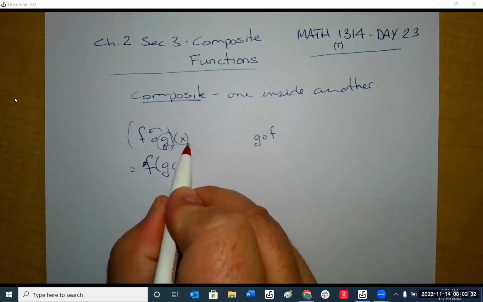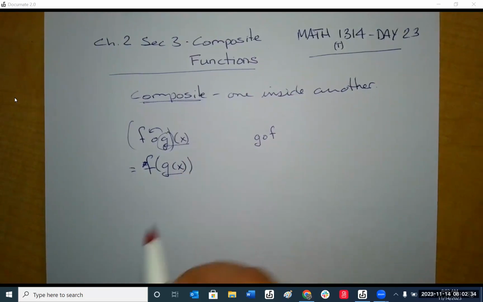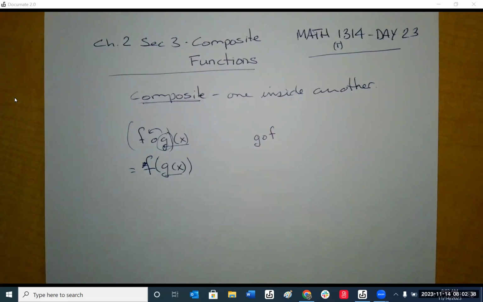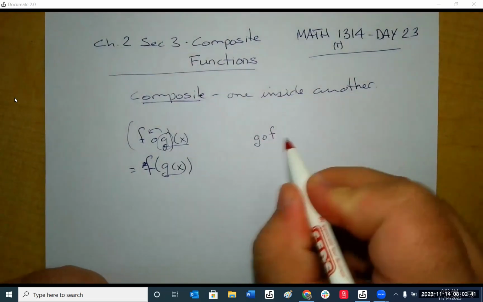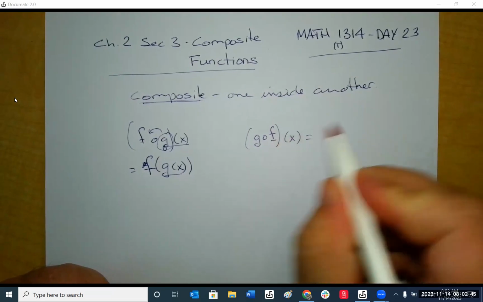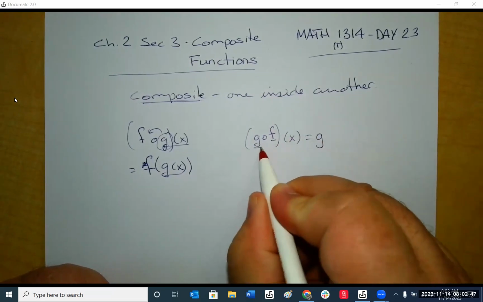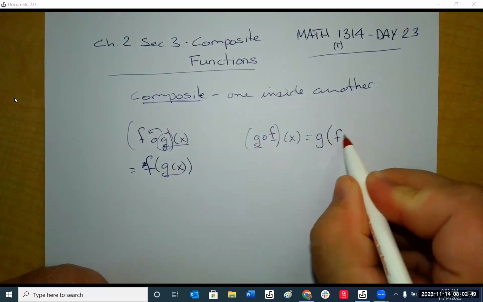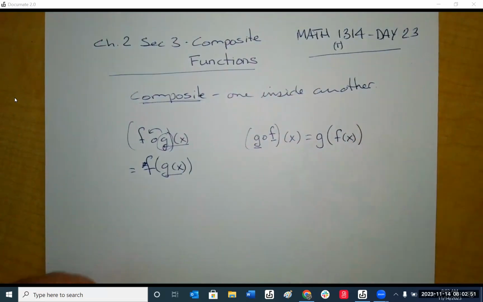This is the inner function. It is inside the outer function. I'll show you what this means in a second. So the other one, g of f, this is the inner function. So the outer function is g, and in place of its variables, I put the function f.